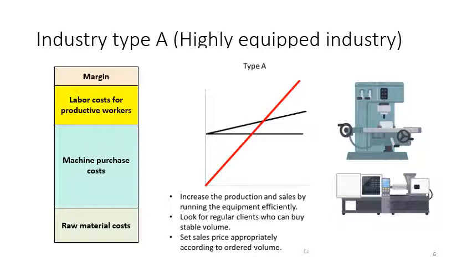First, it is important to analyze how to receive enough volume of orders from regular clients to use the equipment more efficiently. Sales price should be set appropriately according to the ordered volume. Second, it is important to increase the efficiency of the use of equipment when the company can receive enough volume ordered.